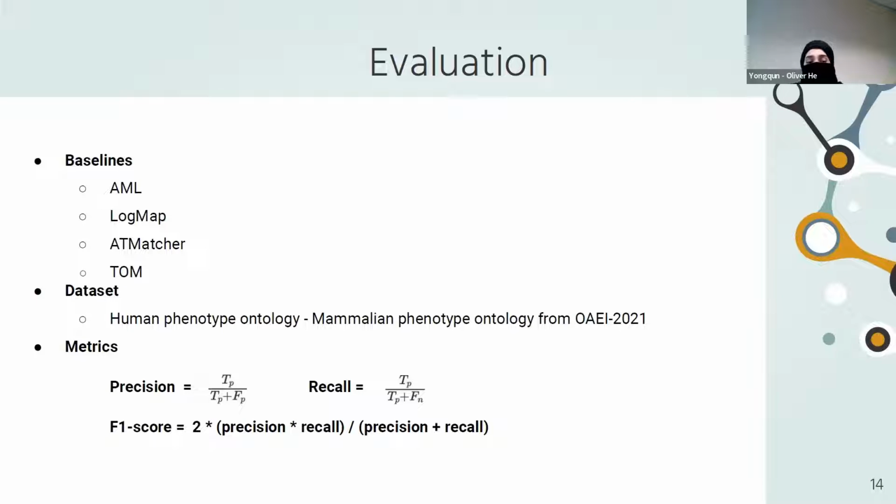So here I applied this on the Human Phenotype Ontology and the Mammalian Phenotype Ontology from last year's Ontology Alignment Evaluation Initiative dataset, which provided the reference for the consistency of the participating methods.